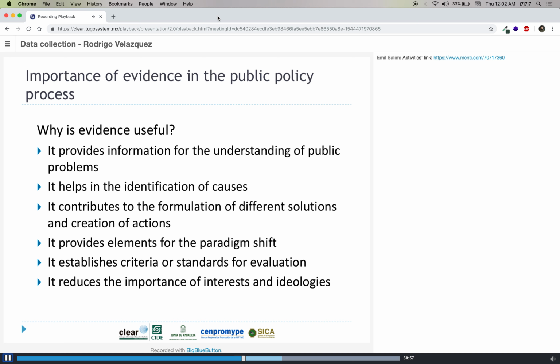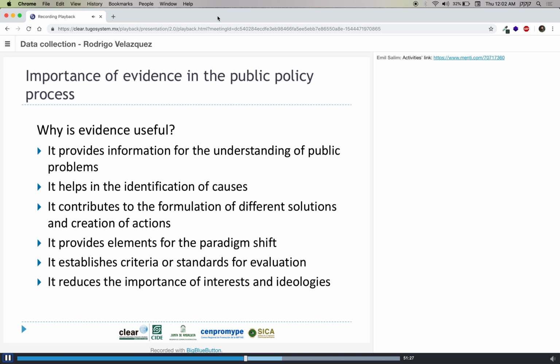So this concept concerning citizen security was changed because the other paradigm was not solving the problem. So it was necessary to include the citizens to be able to have better results.